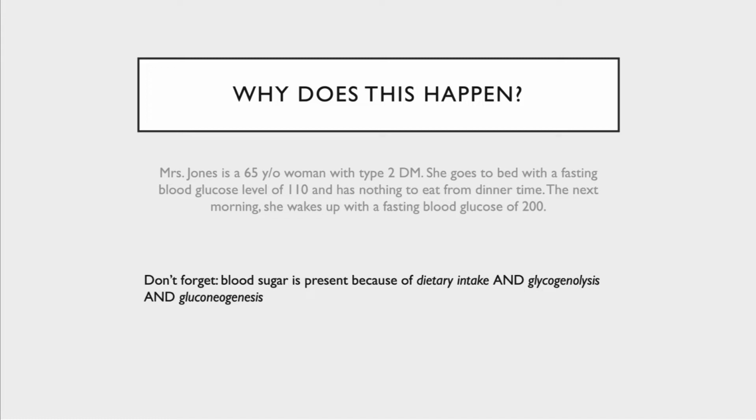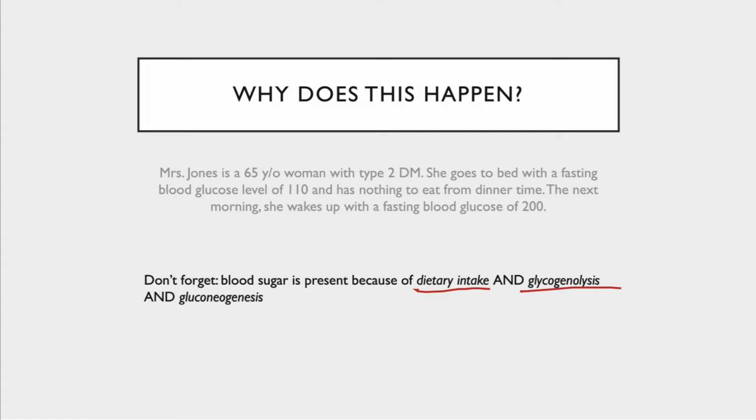Well, don't forget that the 3 ways that you can get blood sugar into you are from dietary intake. Now, this person didn't eat anything, so that's not what's causing the increase in the blood sugar. But also, when your body needs it, if there's no dietary intake of calories, it can do glycogenolysis. It can break down glycogen, which is just a big ball full of glucose, and it can distribute that glucose in the glycogen for use by the cells.